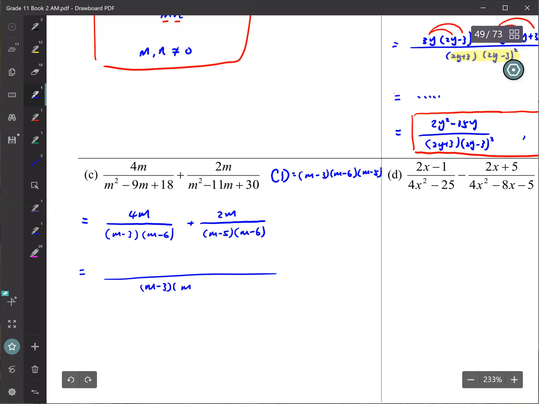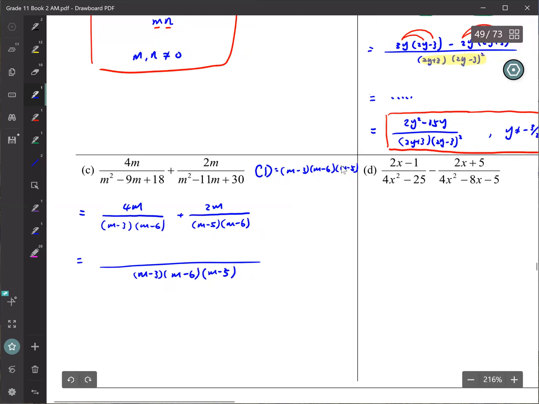So remember, you need to factor before you find the common denominator. That's why we learn factoring, right? Before we learn rational expressions. So you guys can raise your hand if you finish both C and D, okay? Don't forget restrictions.